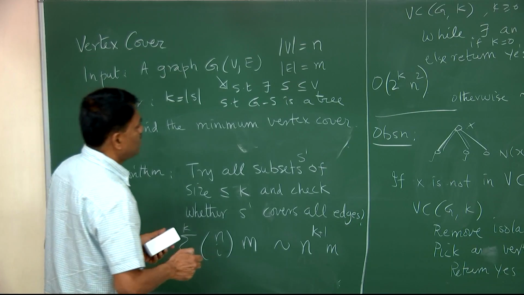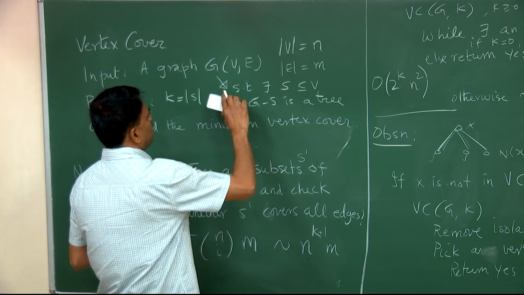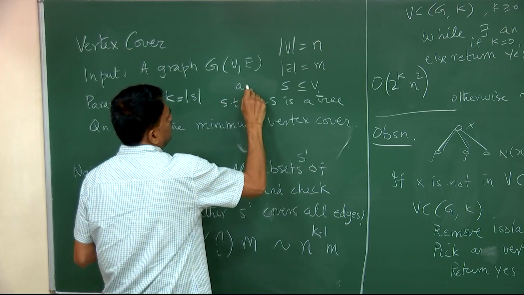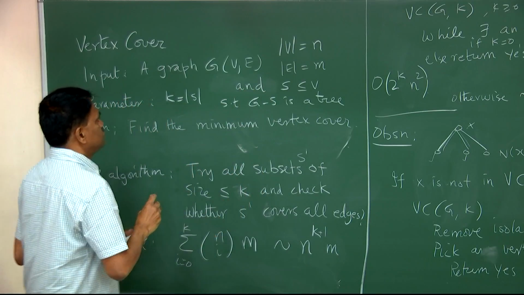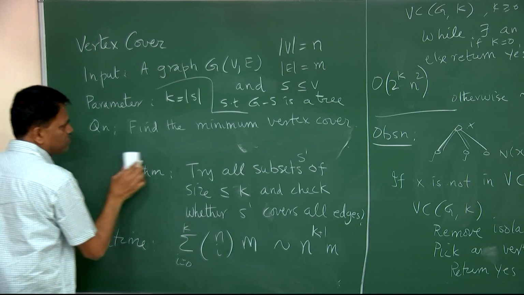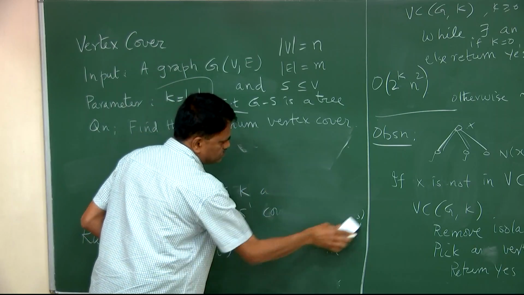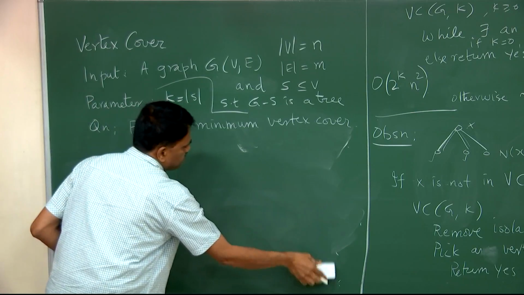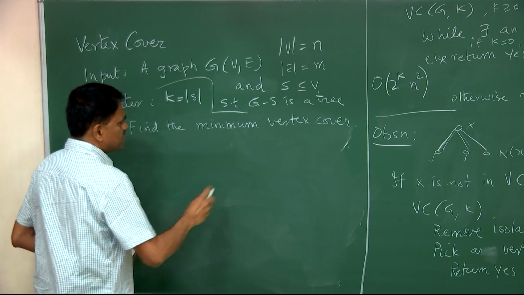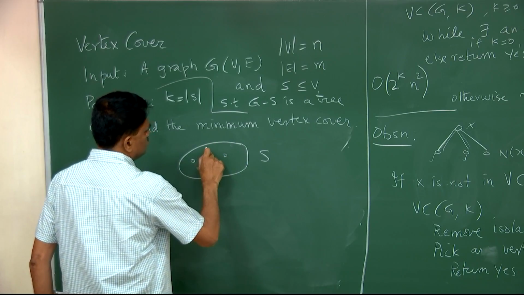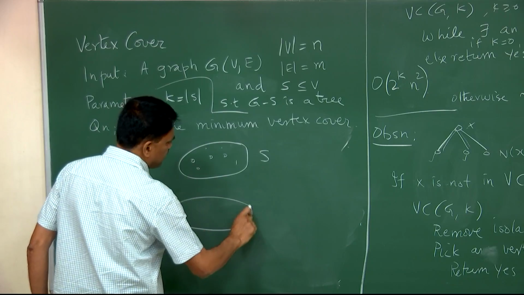Suppose, so a graph G and you are given all this. And I want to find the minimum vertex cover. So imagine your structure is, here is my set S and here is the rest of the graph.